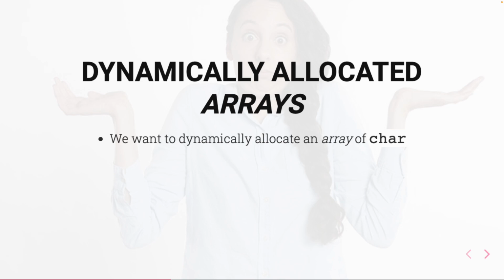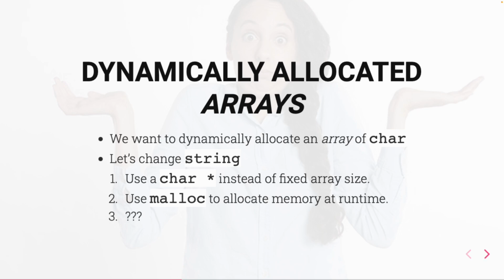And there's a bit of a digression here about dynamically allocating an array. We may as well. It works in pretty much the exact same way as allocating memory for an object. You just use malloc with the array size.